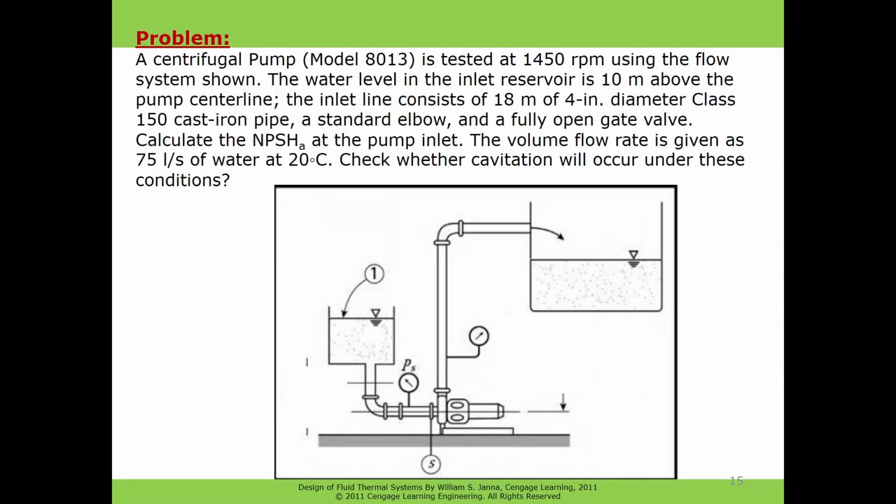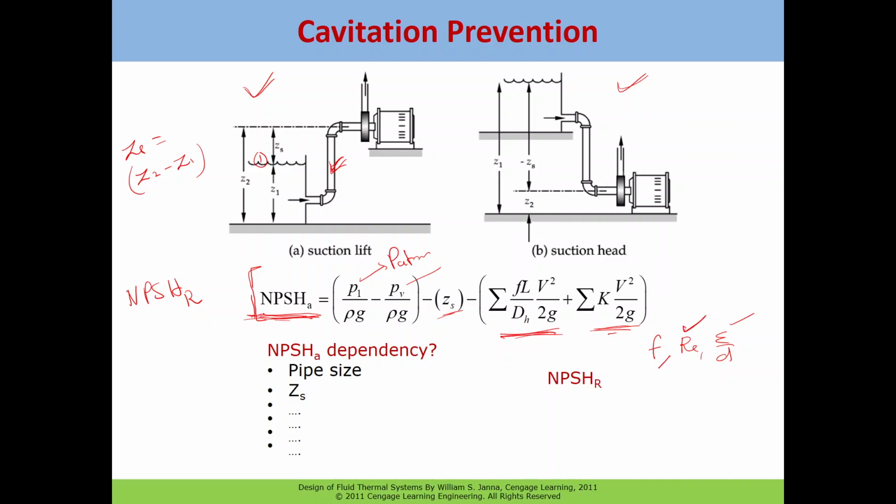And what we are talking about here is the net positive suction head available in the system. So to avoid cavitation, the net positive suction head available in the system must be greater than the net positive suction head required by the pump.